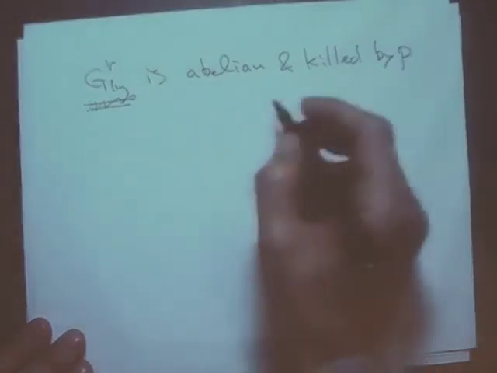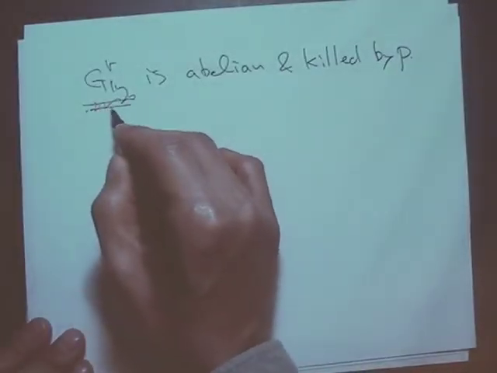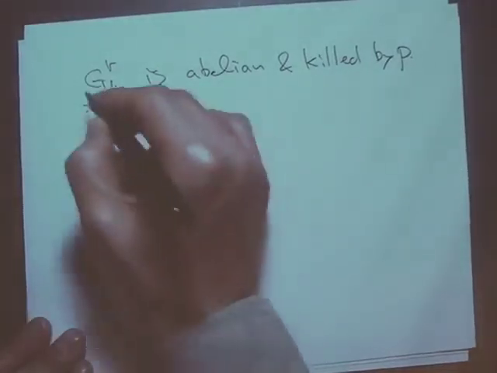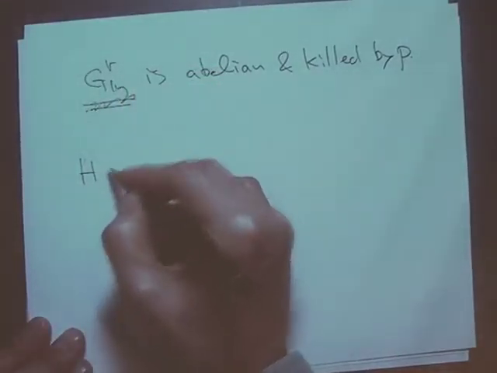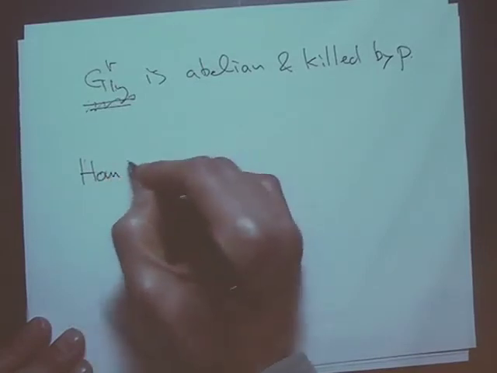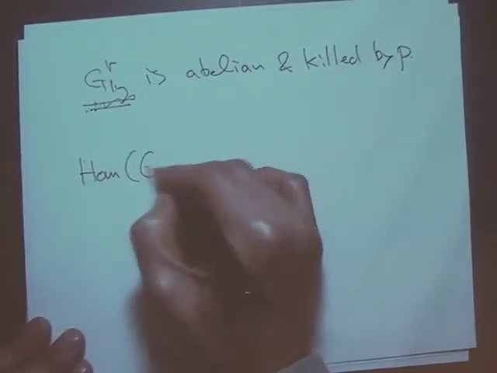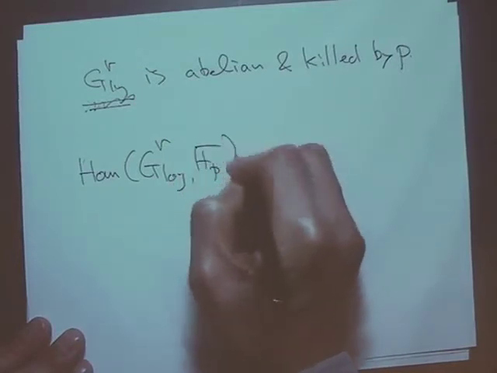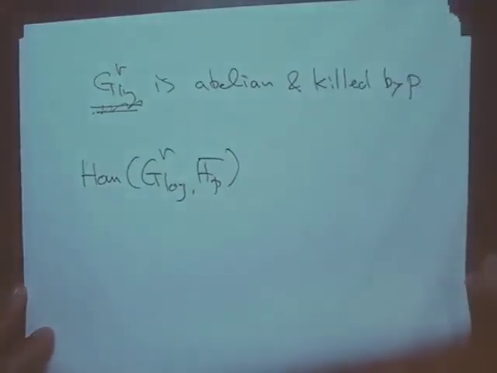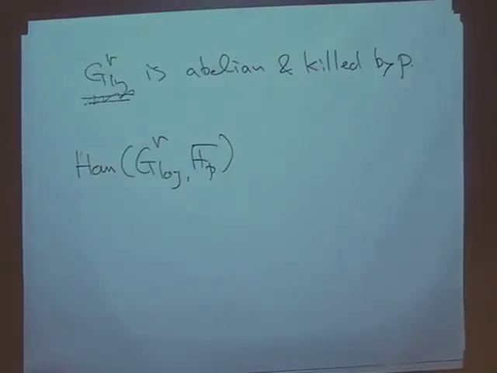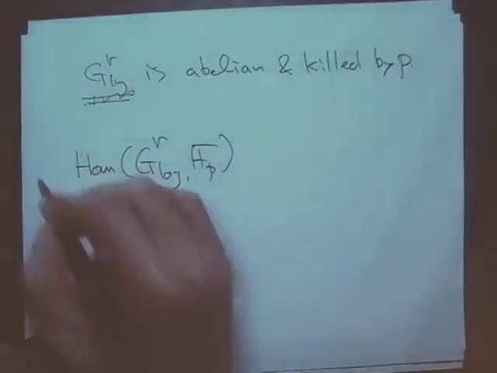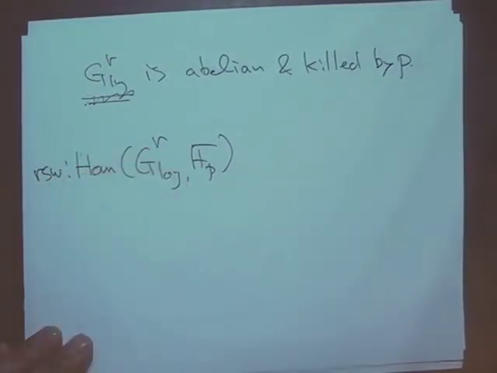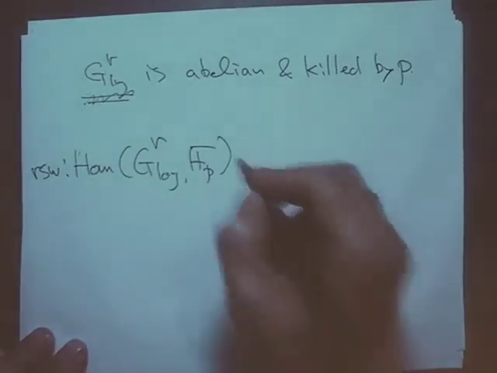So these are elementary p groups. To know this group is equivalent to knowing the character group of this group. So we want to determine this dual group. And this is controlled by the so-called refined Swan conductor.